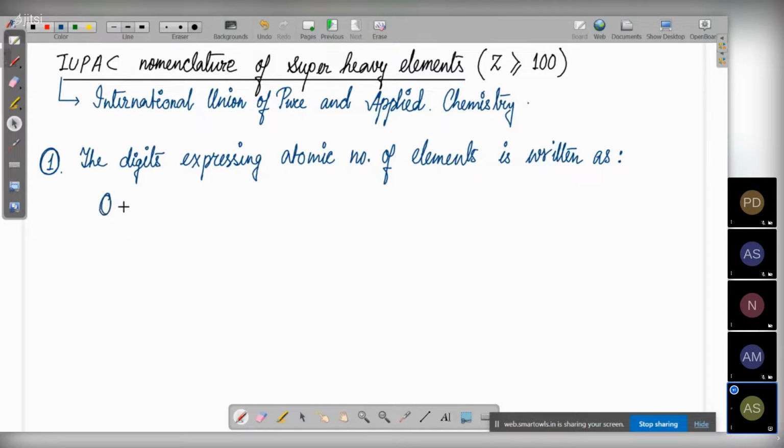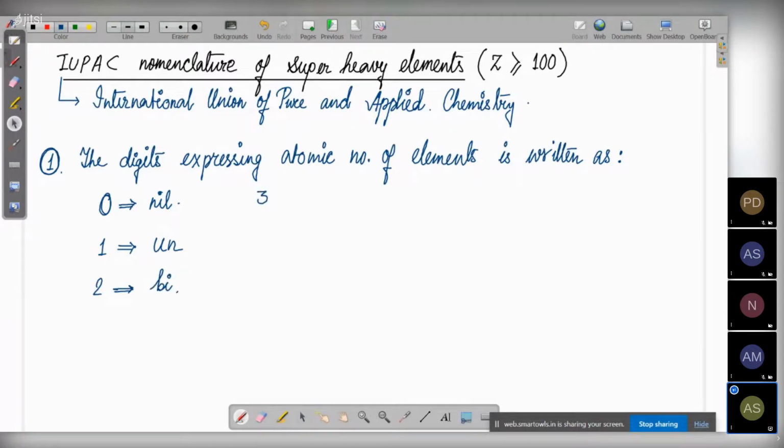If the digit is 0, we say it nil. If the digit is 1, we call it un. If it is 2, then we call it bi.